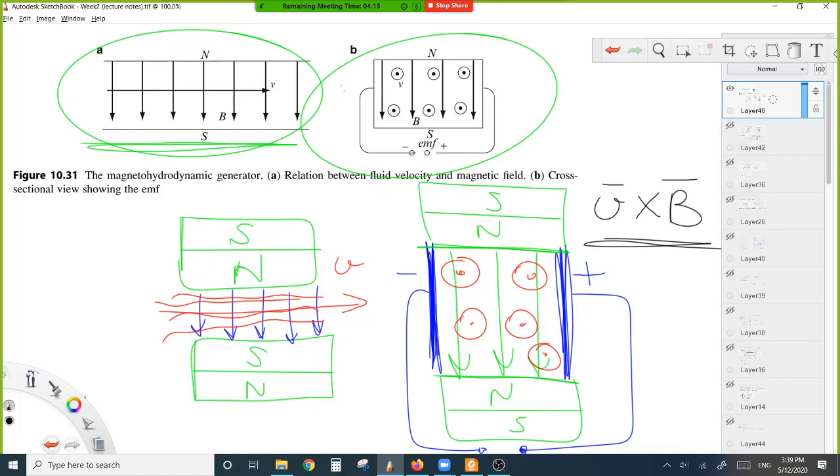For example, you don't have moving or rotating parts, and they produce DC current directly.